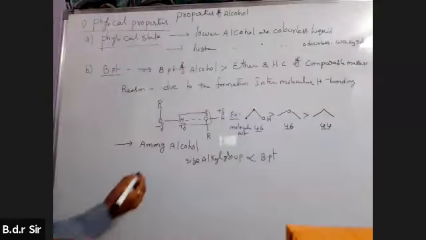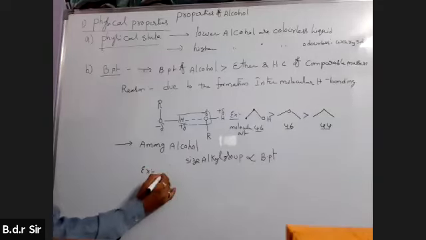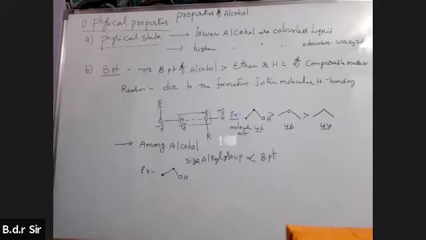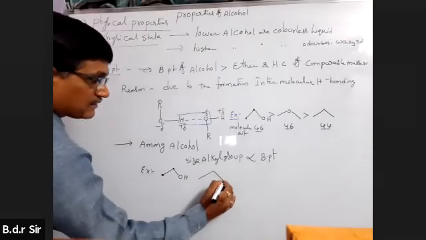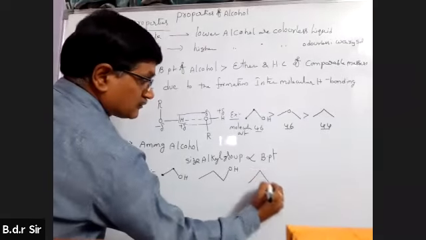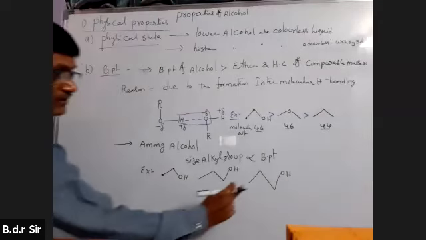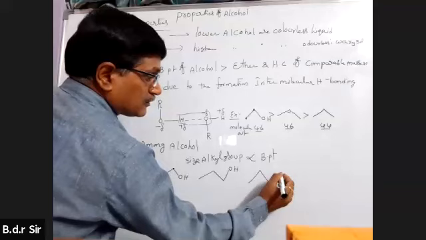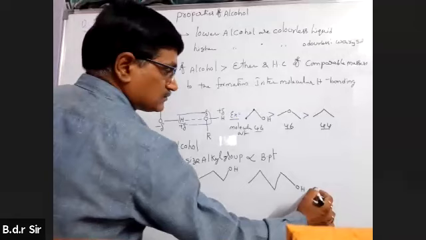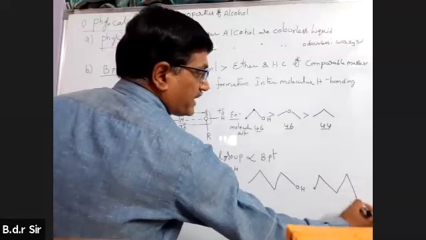You take one example. Ethanol, 2 carbon. Propanol, 3 carbon. Butanol, 4 carbon. Pentanol, 5 carbon.